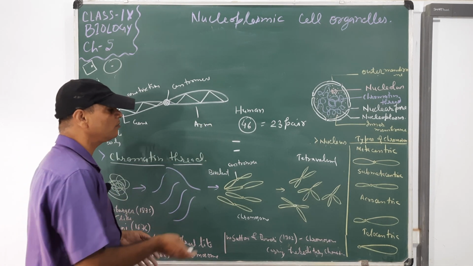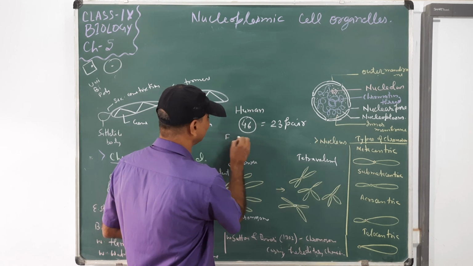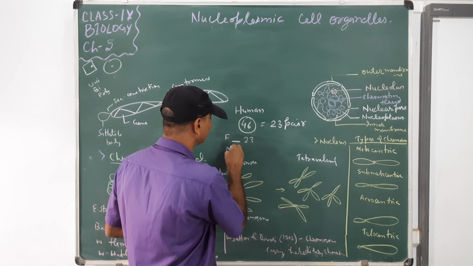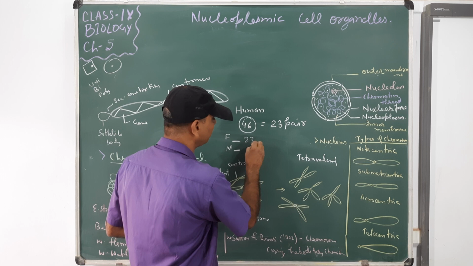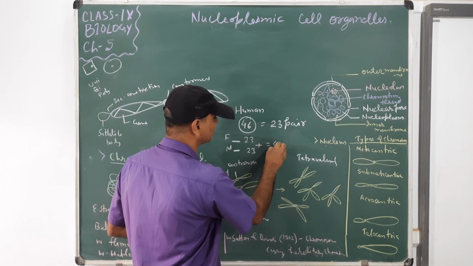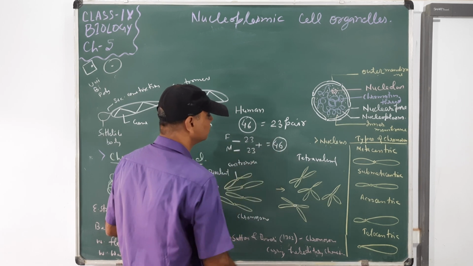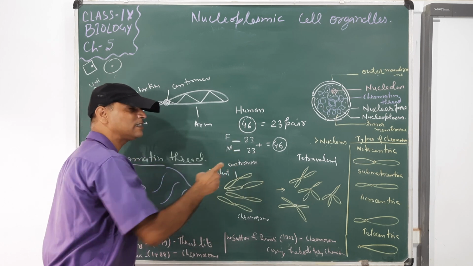They mix together, 23 chromosomes from the father and 23 from the mother, and form 46 chromosomes as the human cell nucleus has.